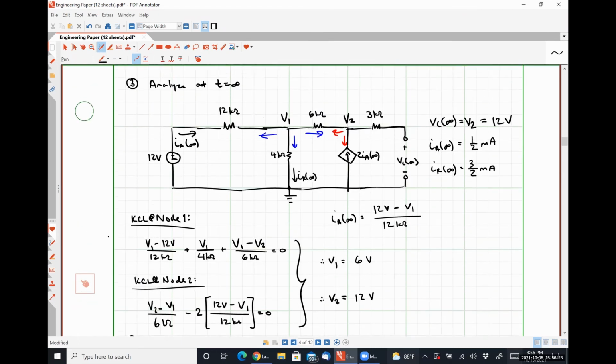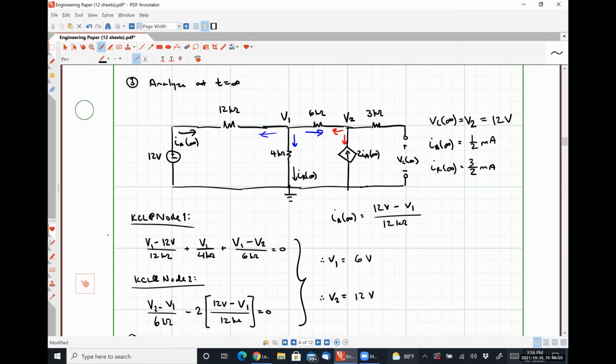The last circuit we analyzed, at t is equal to infinity, is the exact circuit we would be analyzing to figure out the Thevenin voltage, because the capacitor was behaving as if it were an open circuit. So the capacitor voltage would be our open circuit voltage or our Thevenin voltage. Tyler.